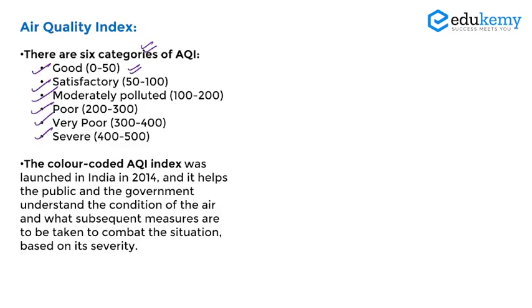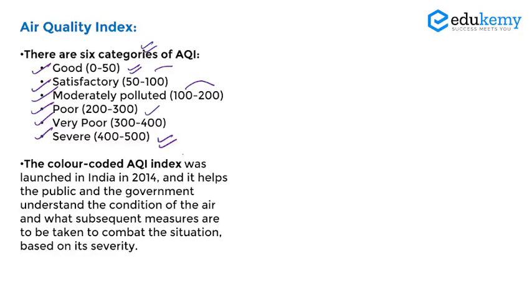If the reading shows 0 to 50, then it is a good quality of air. If it says 50 to 100, then it is satisfactory. If it says 100 to 200, that is moderately polluted. If it is above 200 and less than 300, it is poor. Above 300, it is very poor. And 400 to 500, it is severe, means you cannot breathe in that particular air.